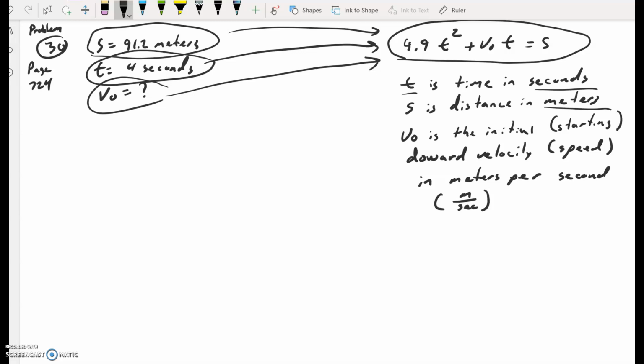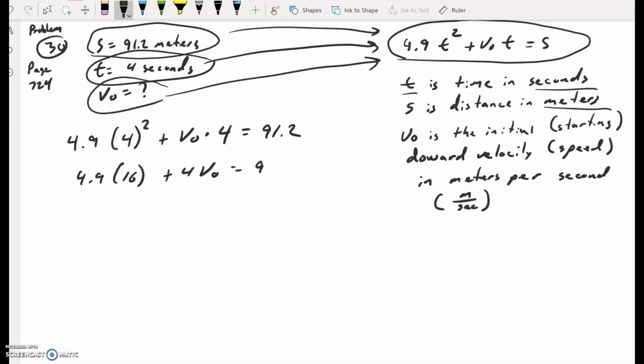So let's put in the numbers and find out what we get. We get 4.9 t squared, that's 4 squared, plus v naught, which we don't know, times 4 equals 91.2.